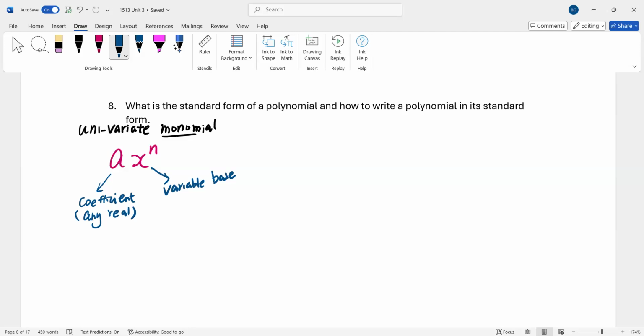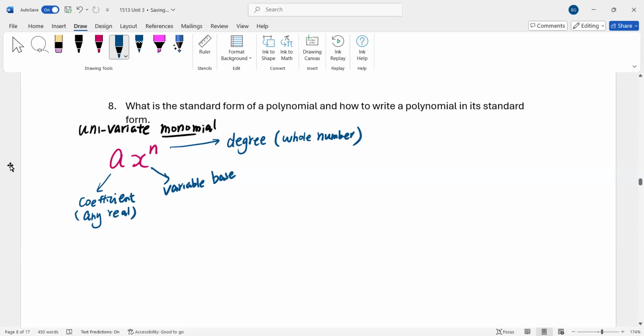The third part is the exponent on the shoulder of x. So n here is the degree of the monomial. We are talking about what a univariate monomial is, right? And n on the shoulder of x is the degree of the monomial. It is the exponent of the variable x. And n has to be a whole number. Very important.